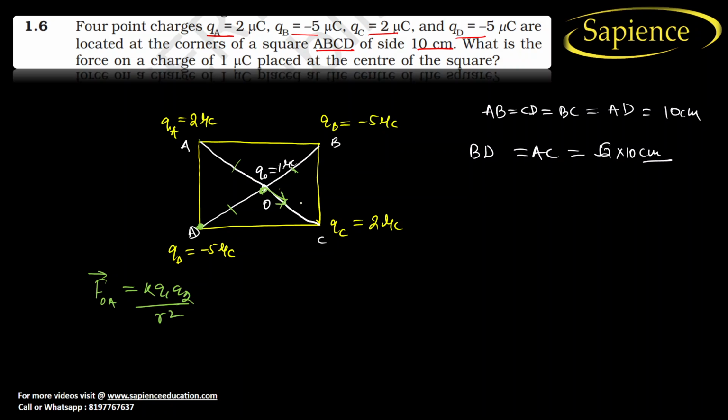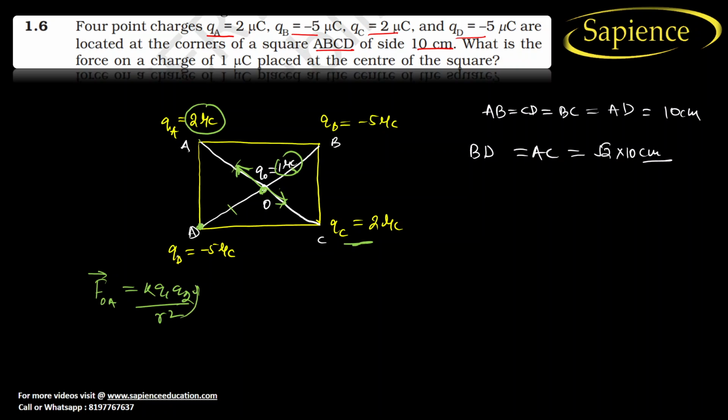So on this side there will be a force acting, and if you talk about the QC charge, the force on QO due to QC will be acting in this direction, right? So equal in magnitude and opposite in direction force is acting. Why am I telling equal and opposite? If you observe this one, this is C, 2 microcoulomb, and 1 microcoulomb.